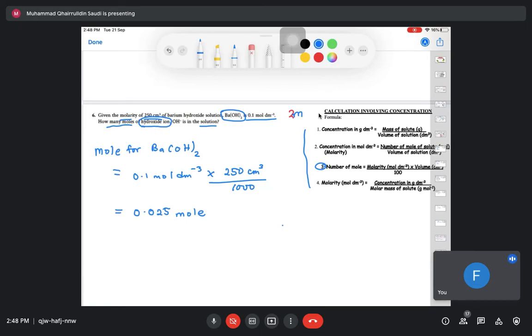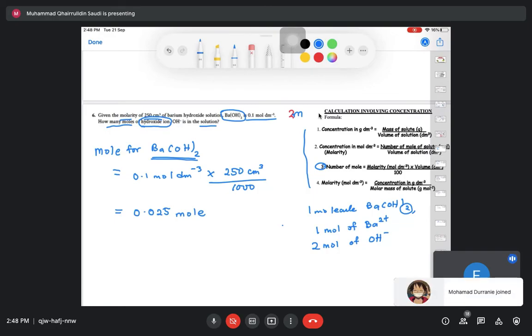Is this the answer? No, this is not the answer because this is the number of mole for barium hydroxide. In one molecule of barium hydroxide, you have 1 mole of barium ions and 2 mole of hydroxide ions. Can you see? Can you understand this? So let's say this is barium, this is hydroxide.